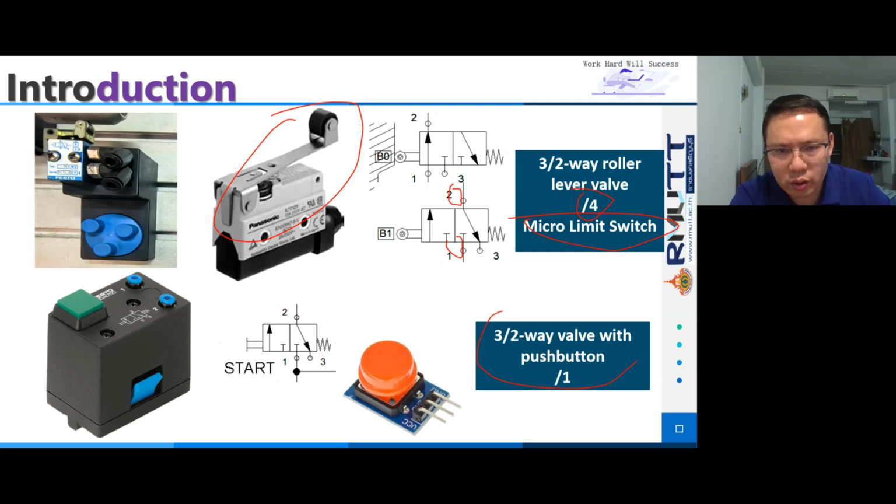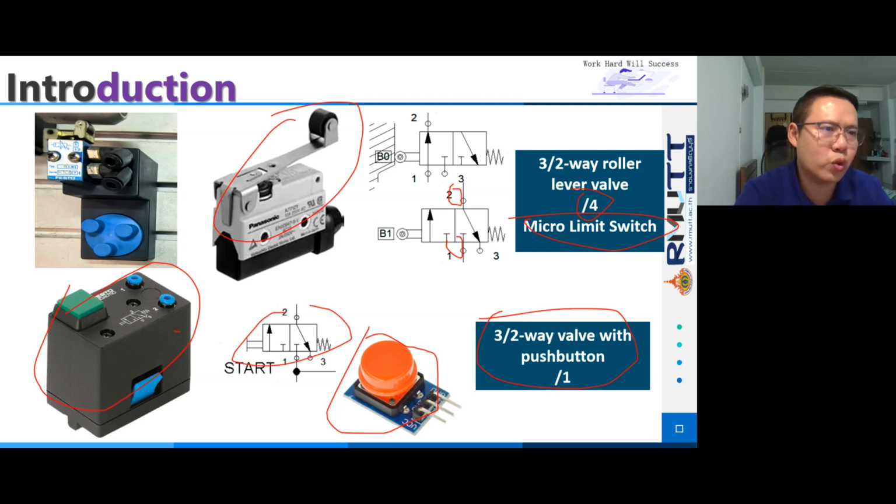The fourth component is the 3-way valve with push button. In the pneumatic system, we can use this. In this task, we can use the press switch. The push button is used to start and is normally closed.